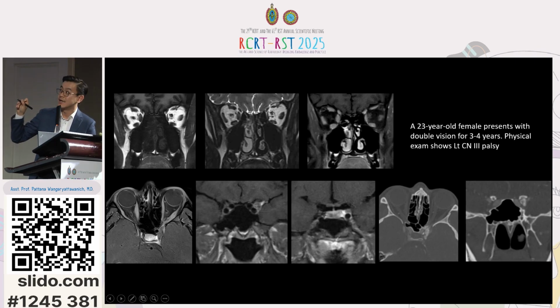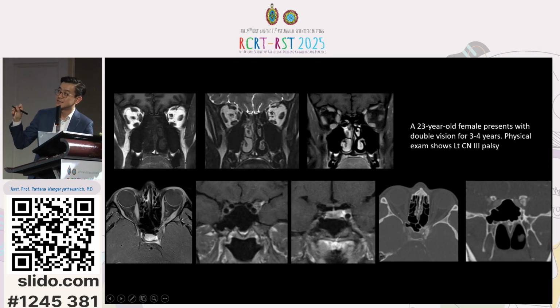You can see that the muscles innervated by the oculomotor nerve show some degree of atrophy, for example the levator palpebrae, superior rectus, medial rectus, and inferior rectus muscles. These are all smaller than the right side, while the superior oblique and lateral rectus muscles are spared. So it involves only the oculomotor nerve.